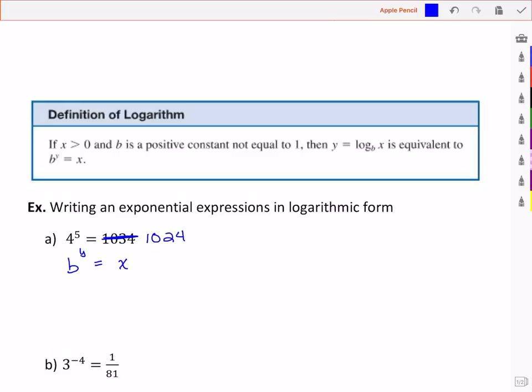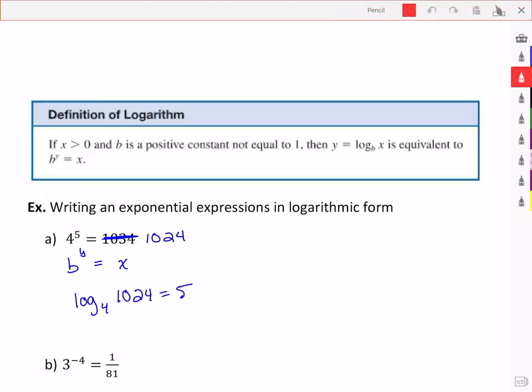Now looking at our definition, y is equal to log base b of x. So I write down log base 4 of 1,024 equals 5. So log base 4 of 1,024 is 5.